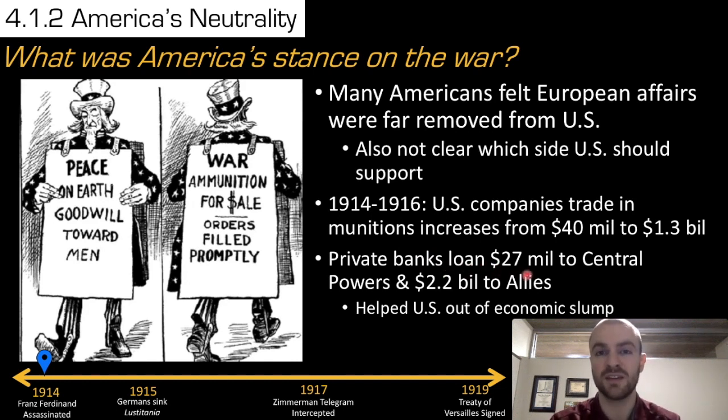So when banks loan money, they don't just say, all right, pay us back when the war's over. Rather, they say, you also have to give us interest. For every $100 we loan you, you have to pay us $110 back, for example. So we're making money off of this European war.